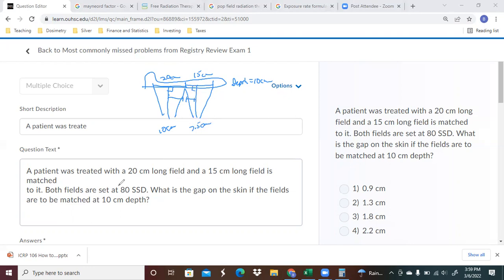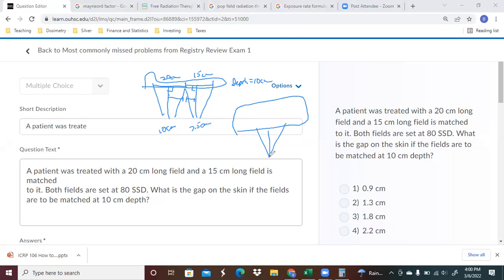Well, we were treating at 80 SSD, but these fields are matched at 10 cm deeper than that. So if we look inside the patient, once again, let me draw the patient a little bit bigger here.